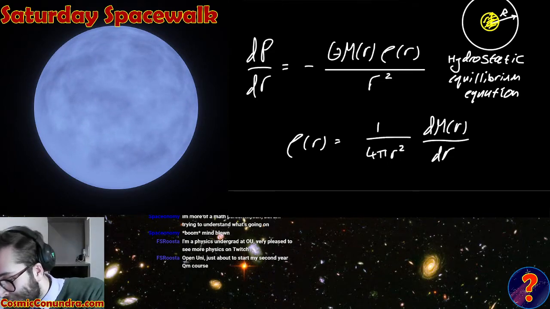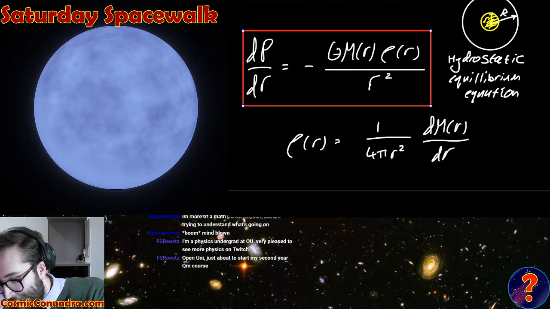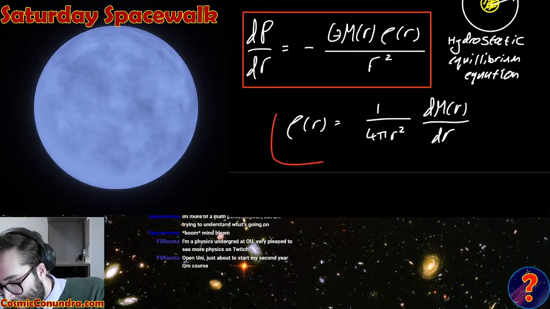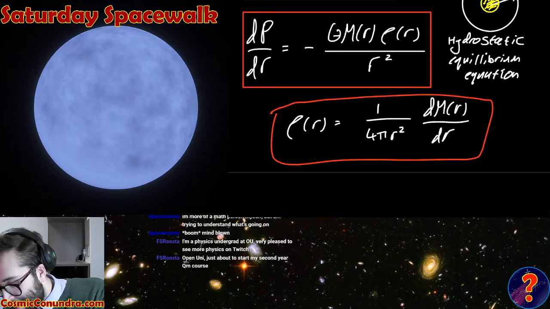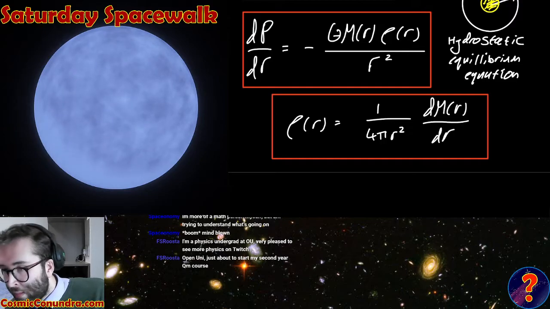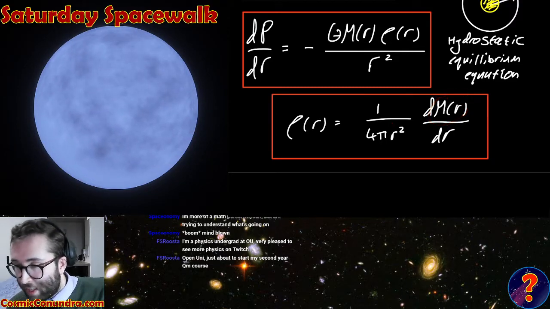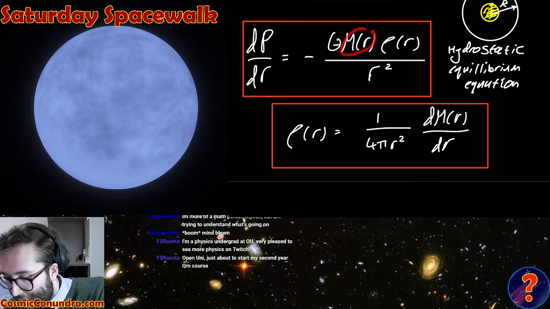Okay? So these are the two equations of stellar structure that are going to be important to us. And we actually want to combine these together, because one of these is an equation that talks about m(r), although it's the derivative of m(r), and there's another m(r) up here.